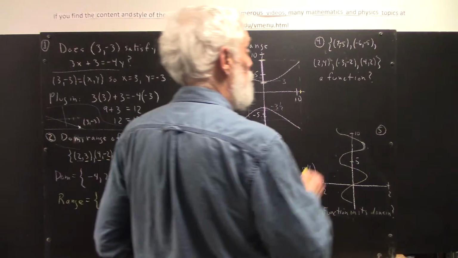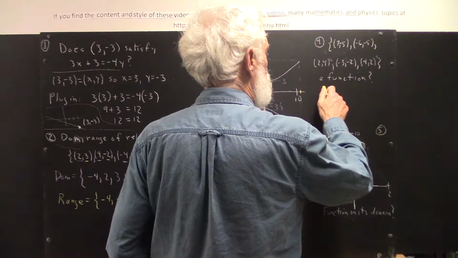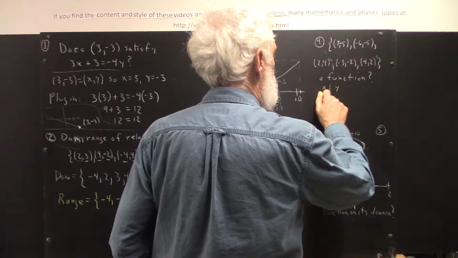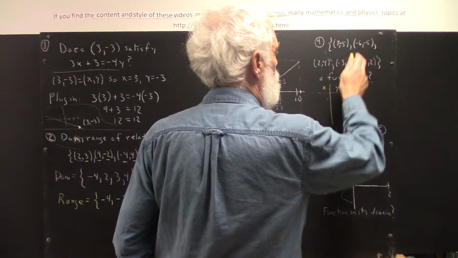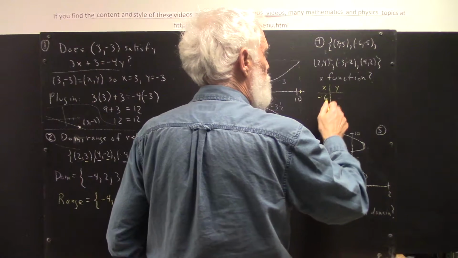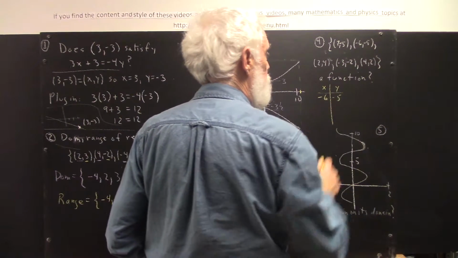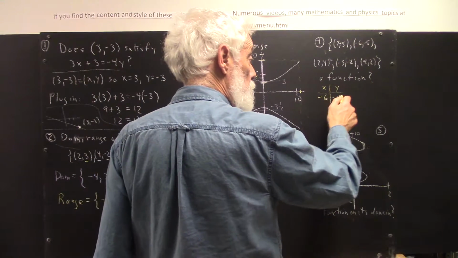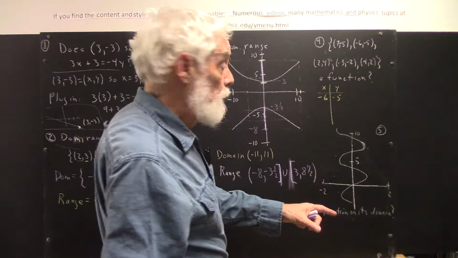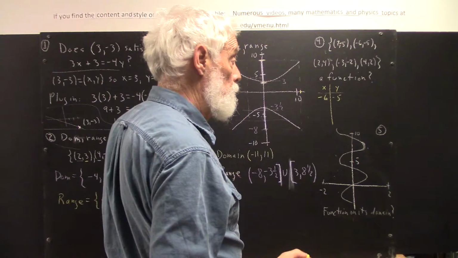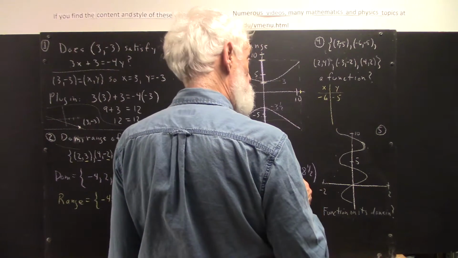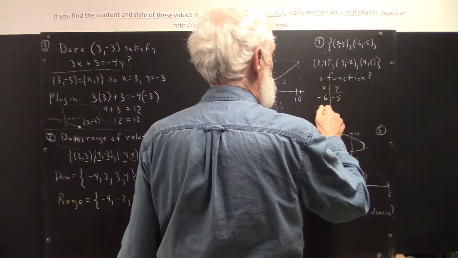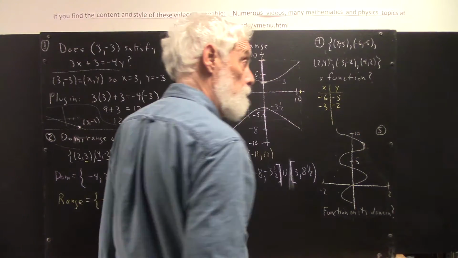So what do we have here? Our x values, well, let's just try to make a table. Let's do a table of y versus x. The least value of x is negative 6. And at that value, y is negative 5. And there's no other negative 6. So we know that when x is negative 6, y is negative 5. There can be no disagreement. There's only one y value that goes with x equal negative 6. The next least x value is negative 3, which gives us y equals negative 2.